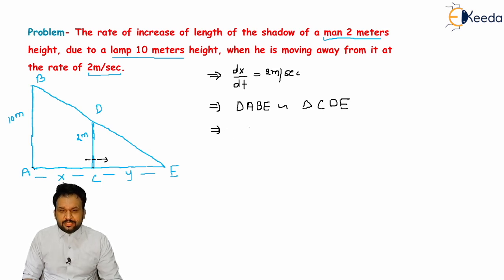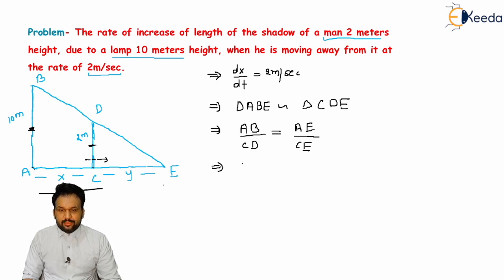So I'm using that property, that the ratio of AB by CD, this side and this side, must be equal to AE, this complete side, divided by this short side, CE. Write it down.